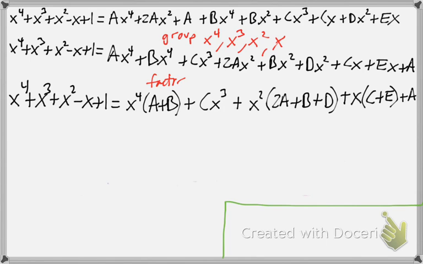So my terms, I want to equate the coefficients. I have an A plus B being multiplied by x to the fourth. I have a 1. So the x to the fourth is going to be A plus B is equal to 1.